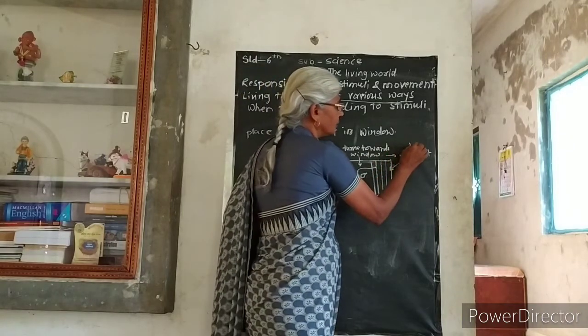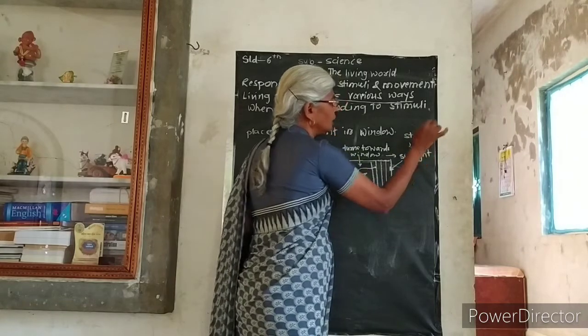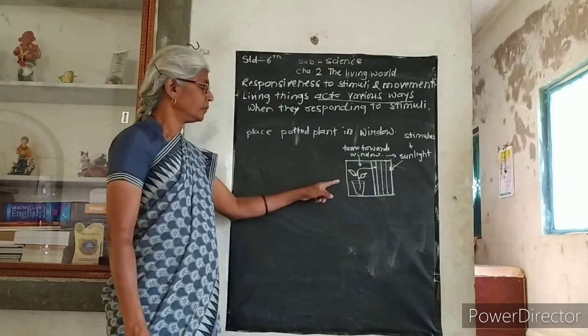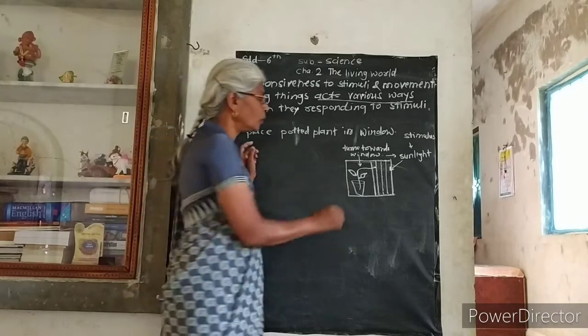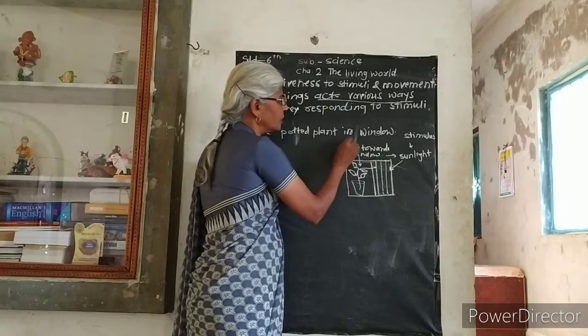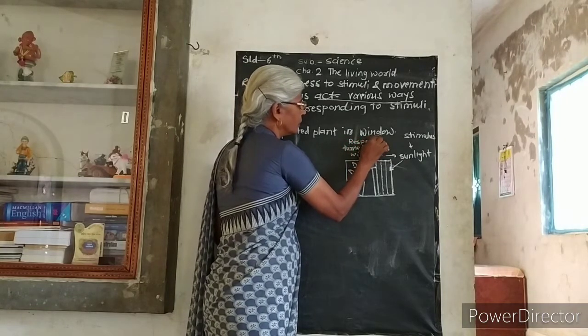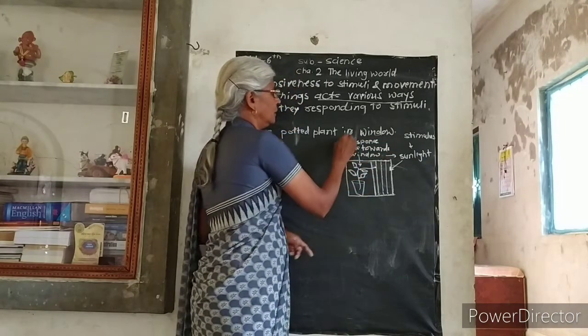Sunlight is the stimulus for the plant. And what is the response? The growth of the plant towards the sunlight is the response to that stimulus.